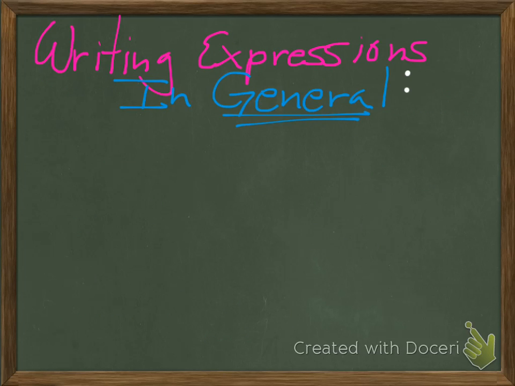Alright, now moving on. What about just writing expressions in general? Not all expressions are going to be variable expressions. For instance, I think we all are expected to know that there are 12 inches in a foot. So if I asked you to write down an expression for how many inches there are in 3 feet, well, we know that each foot is 12 inches.